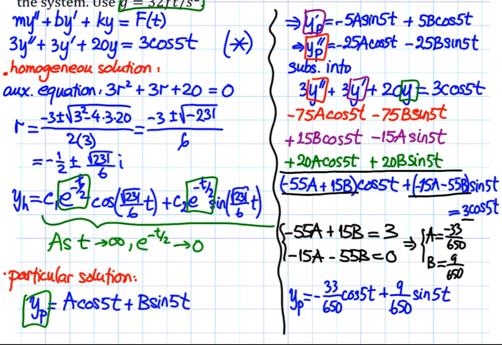As t goes to infinity, cosine and sine are still sine wave functions, so it does not vanish. And so that is the particular solution, and it's also the steady state solution.